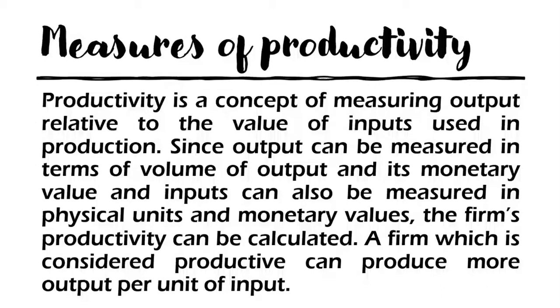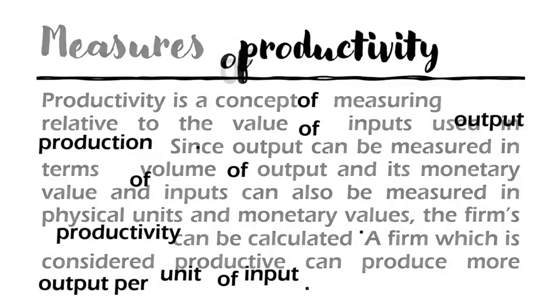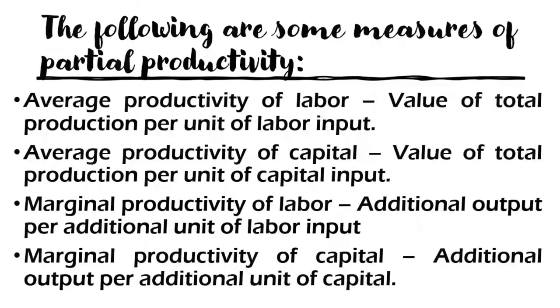So basically, meron tayong different measures kung paano nga ba natin ma-measure yung productivity ng isang firm or ng isang business. Okay? So we have here the following are some measures of partial productivity. So we have this average productivity of labor, average productivity of capital, marginal productivity of labor, and then marginal productivity of capital.